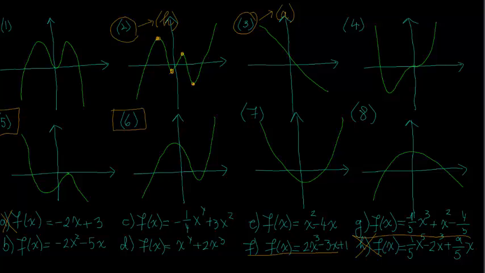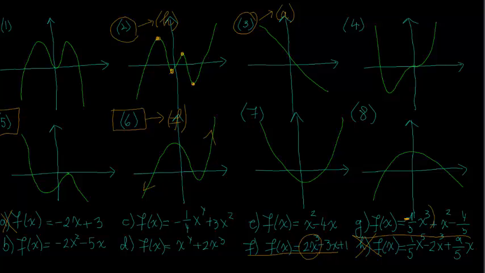This one has 2x cubed, so if x goes to infinity, 2x cubed goes to infinity. So I'm dealing with this case here, and as x goes to negative infinity, this term shoots down to negative infinity, so 6 is associated with f. Whereas because of that minus in front of the 1/3 x cubed, I will have the opposite end behavior.